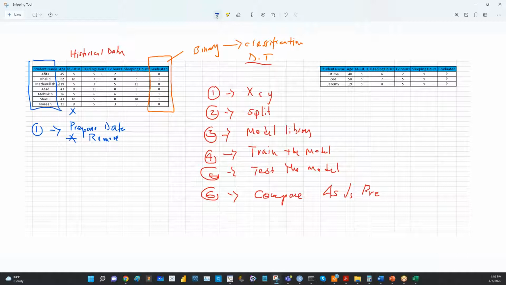And when we're talking about decision tree, it is going to make decisions on how to split using either number one, entropy, number two, Gini index, number three, classification error.